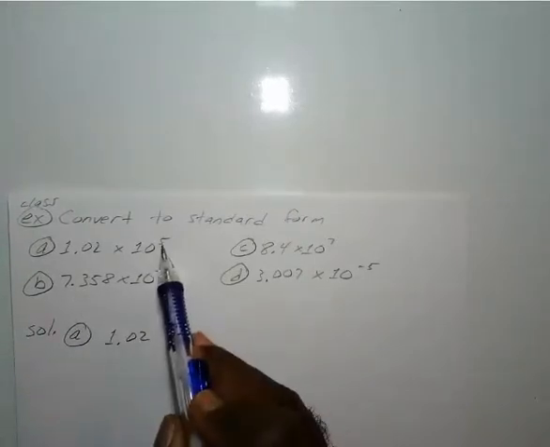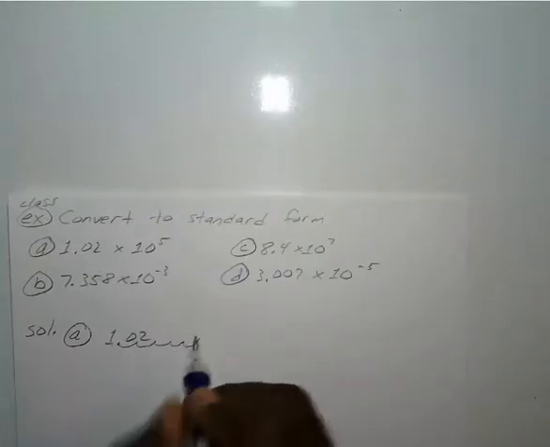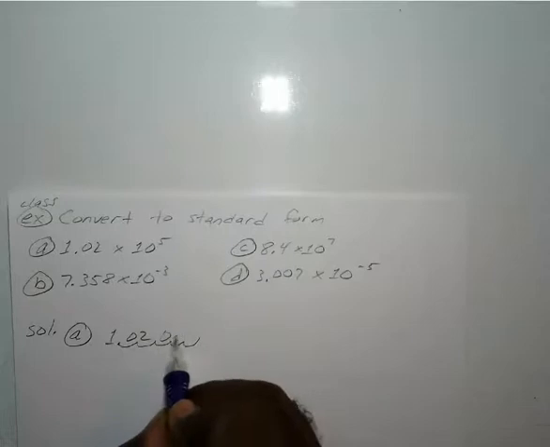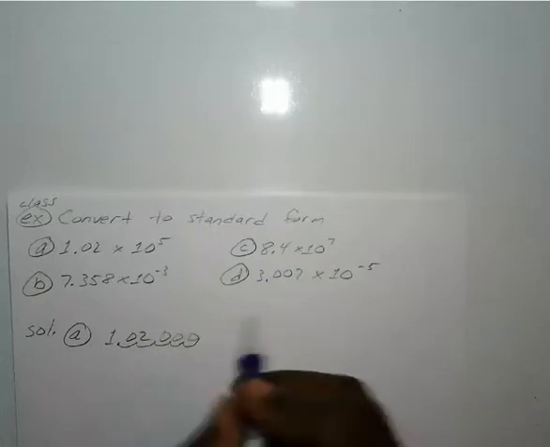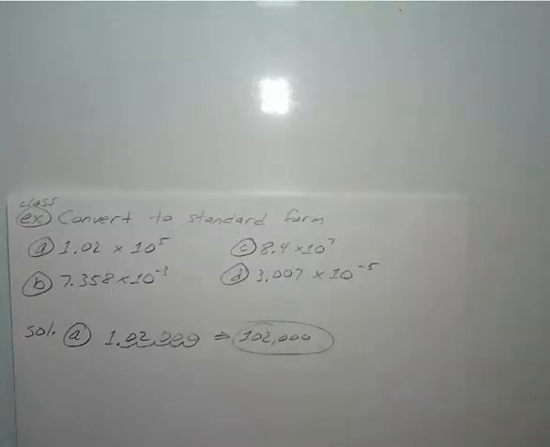You see that exponent is positive, so we move it 1, 2, 3, 4, 5 spaces to the right. Fill those in with zeros, and that becomes 102,000. Okay. So again, once you get used to the steps and you get some practice in, it's really, really quick.